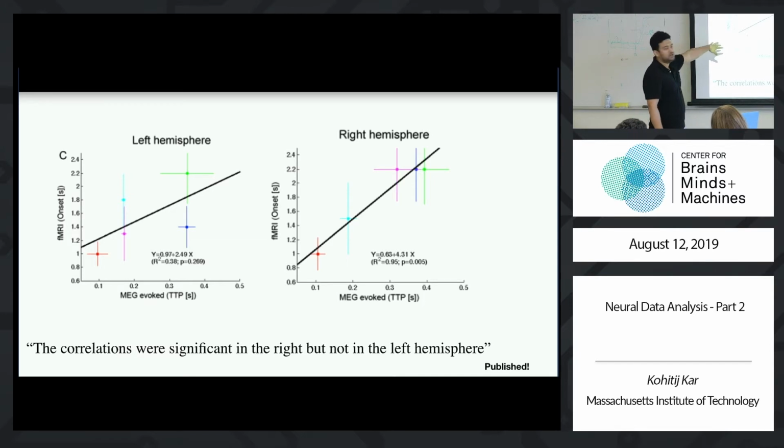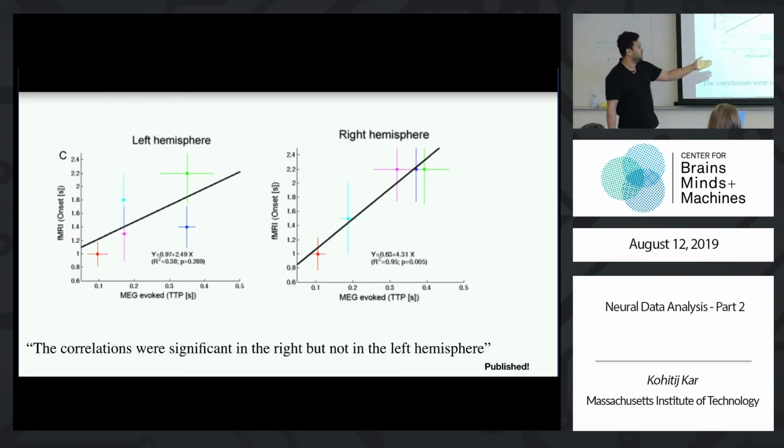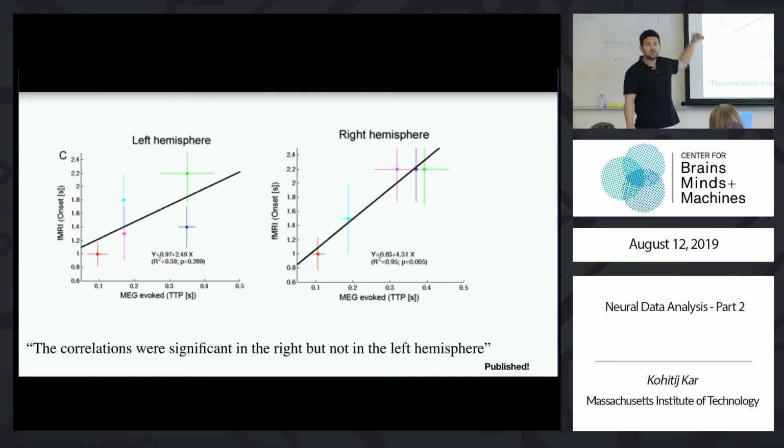There's a correlation being computed between MEG and fMRI data in each hemisphere. The p-value of the correlation, in this case R square, on the left is 0.2. The one on the right side is 0.005. So they claim in the paper that correlations were significant in the right but not in the left hemisphere. Nothing in this slide is actually wrong.